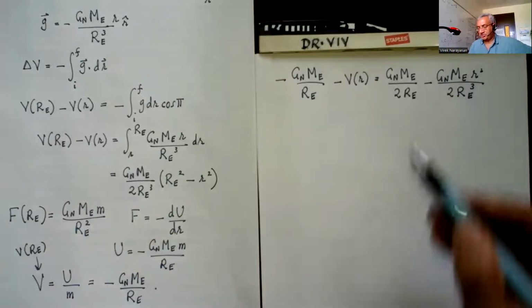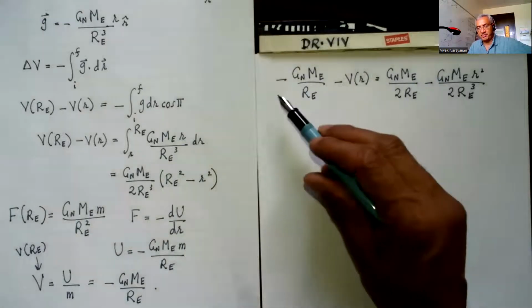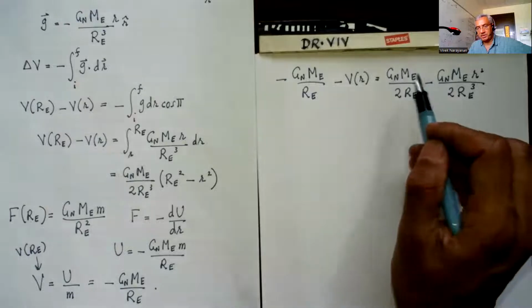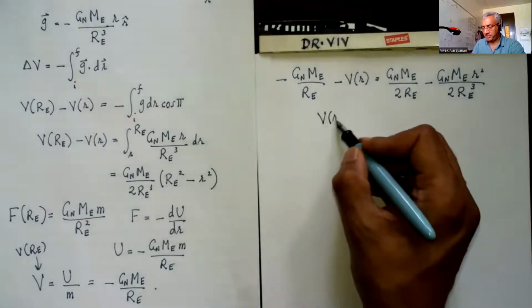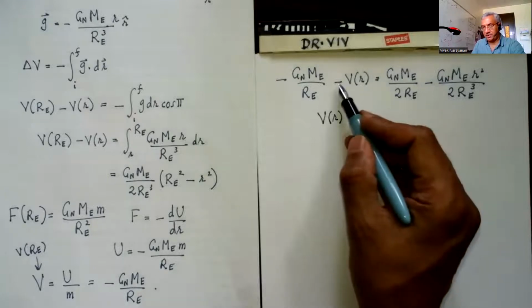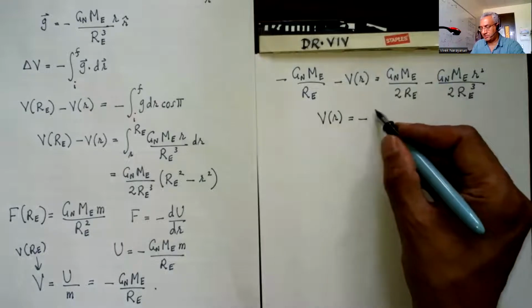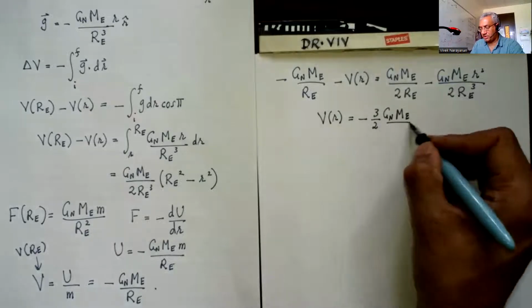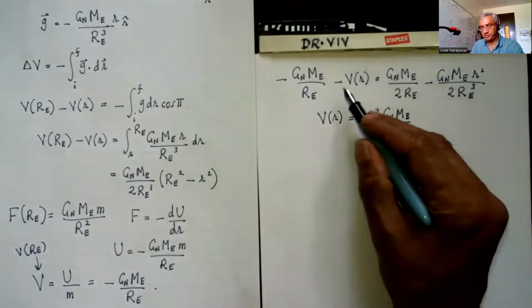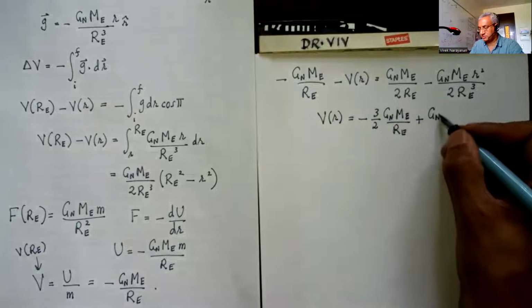So observe that there is a G_N M_e over 2R_e over here and G_N M_e over R_e with a minus sign. When I bring it over here, it becomes 1 plus half, which is 3 halves. So I get the negative V of r. So if I bring the negative also to the right side, I will get negative 3 halves G_N M_e over R_e. And then because I've canceled the negative signs, this just becomes positive.